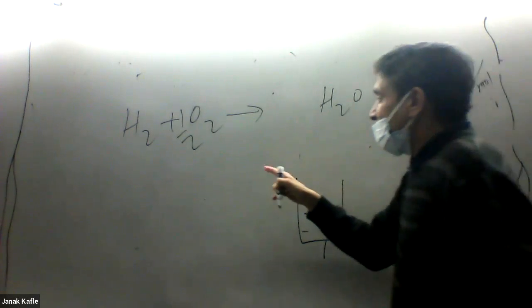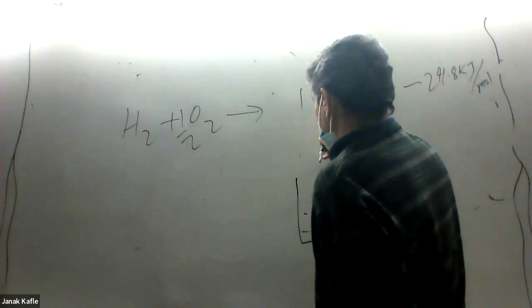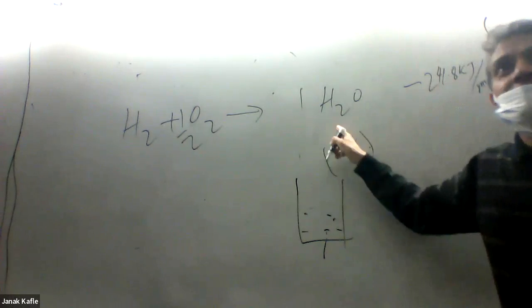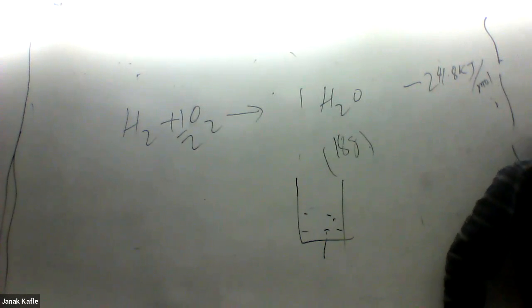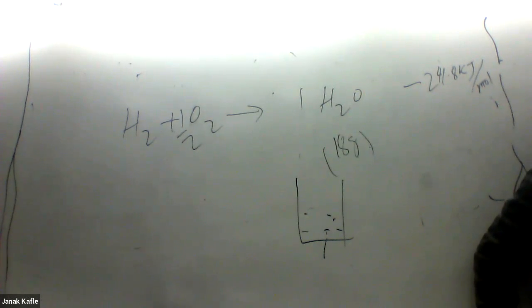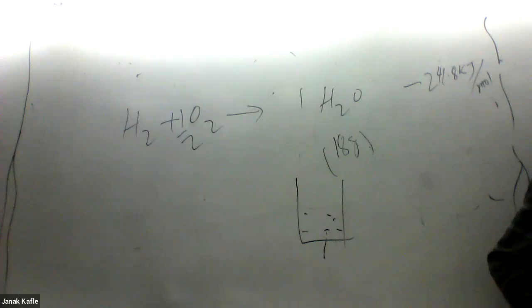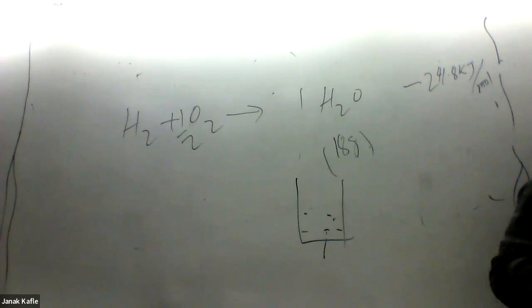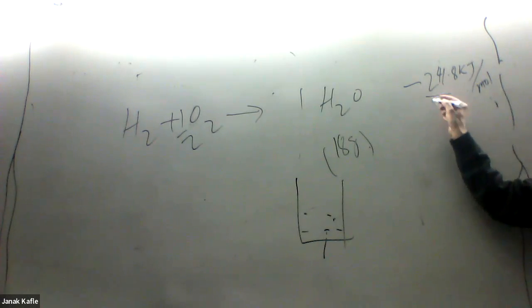So look here. Here you are making 1 mole of water, meaning that you are making 18 gram of water. 1 mole water means 18 gram water. While making 18 gram water from hydrogen and oxygen, you get this much heat out.